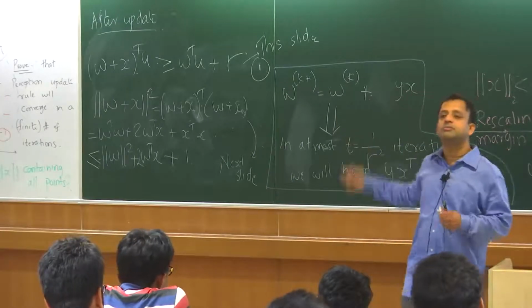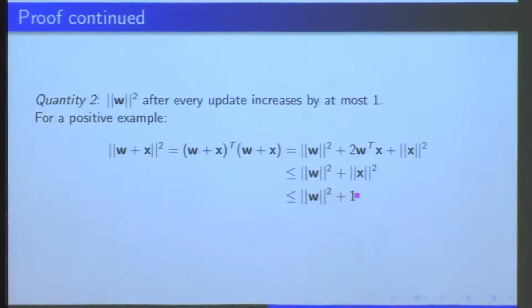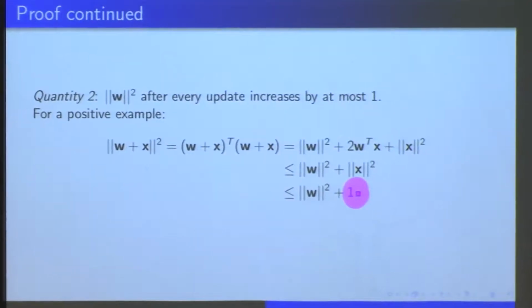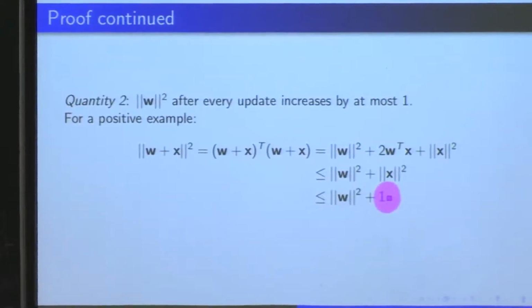Okay, now how do you leverage these two? The second of the inequalities is proved here. There's an interesting additional observation we make here. What do I know about w transpose x?